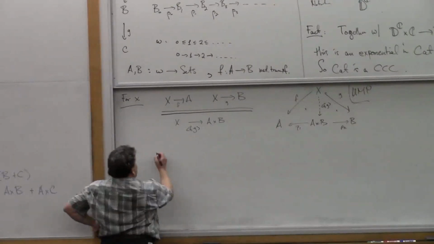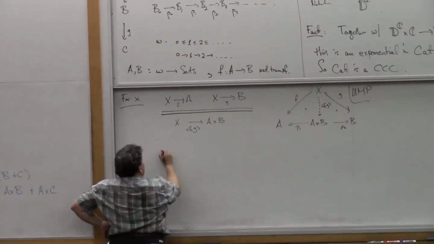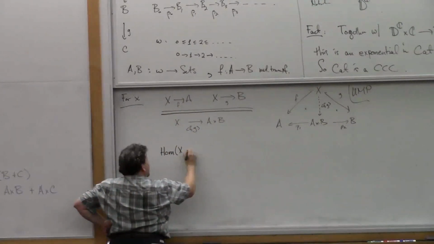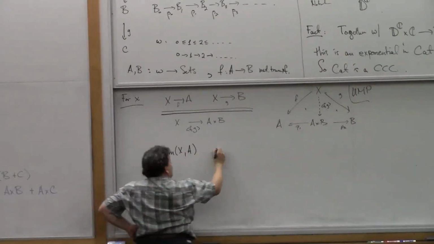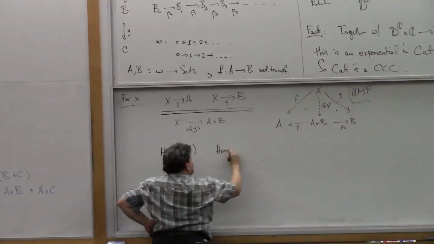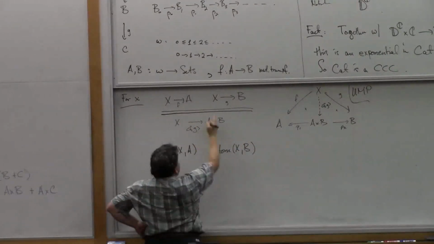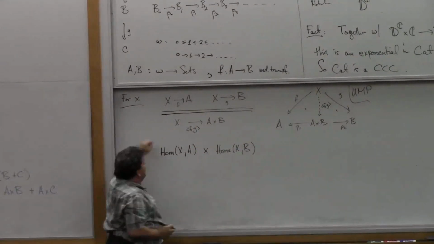Okay, so a third way of expressing this same thing, not to belabor the point, but it's a convenient way of doing it, is this. What's above the line is the Hom set Hom(X, A) cross Hom(X, B), pairs, so it's that. That's what's above the line.